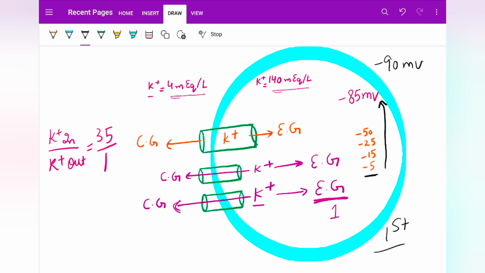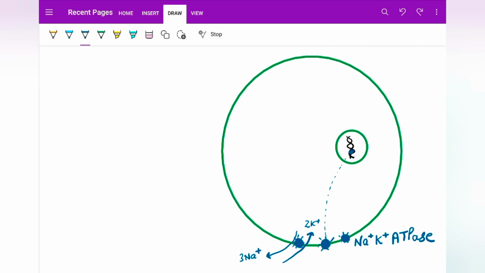And now we'll talk about another hypothetical cell where we'll see what happens if the membrane is only permeable for sodium. This is our second hypothetical cell where the cell membrane is just permeable to sodium, not potassium. And just like the previous one, this cell also has the sodium potassium ATPase gene, which is making these sodium potassium ATPases.